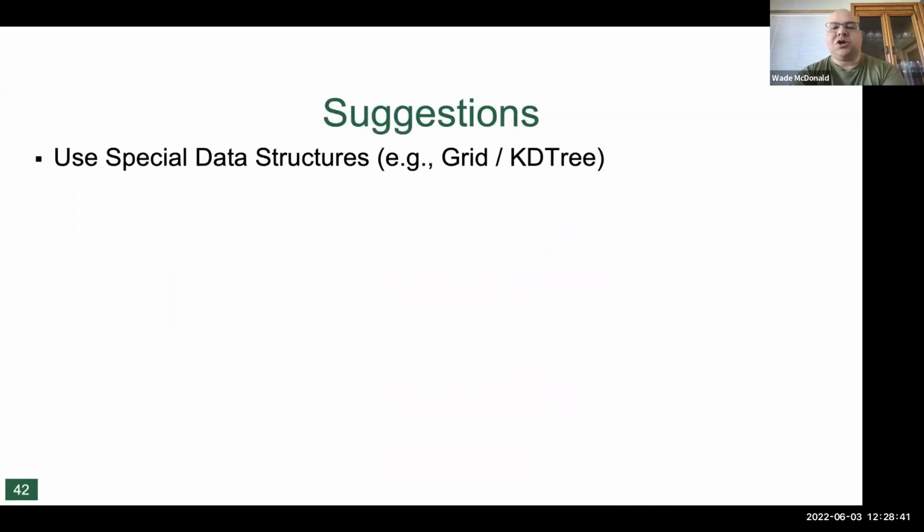So some suggestions that I have if you're using the AnyLogic tool, and these can possibly be applied to other tools as well: use special data structures. In the chickenpox model, we constructed a grid data structure to speed range search, and with the pertussis model, we implemented one called a KD tree.